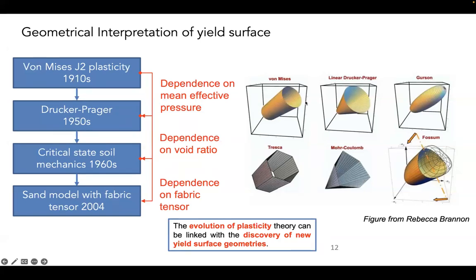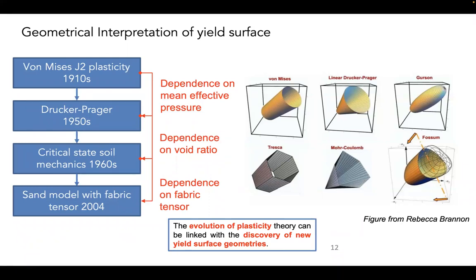For example, for von Mises stress, along the hydrostatic axis, where sigma 1 equals sigma 2 equals sigma 3, this 1, 1, 1 line, if you cut a plane on the von Mises yield surface normal to that 1, 1, 1 axis, you will get a circle.